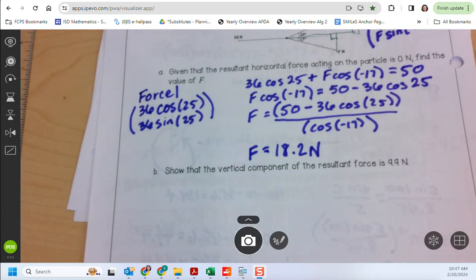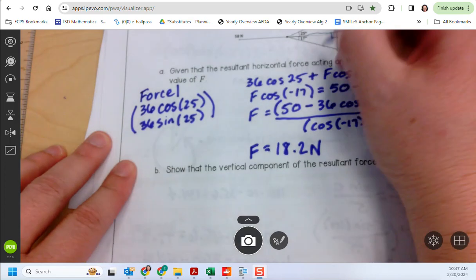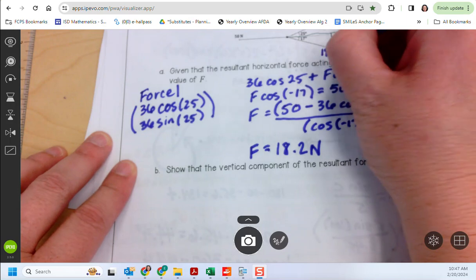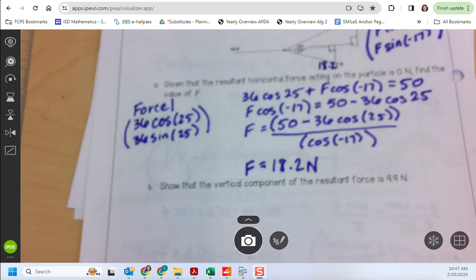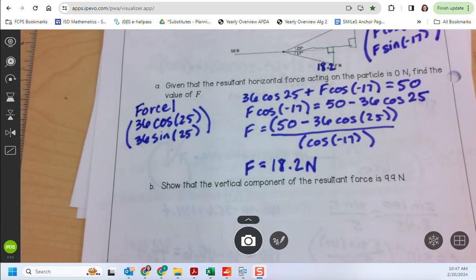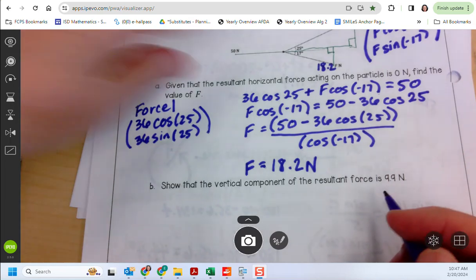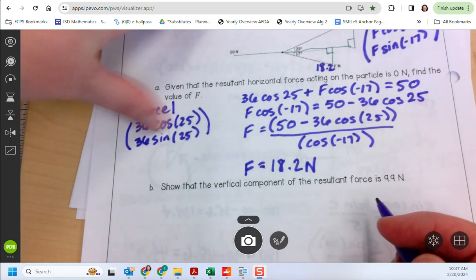All right, show that the vertical component of the resultant force is 9.9. So now we know what F is. We know F is 18.2 newtons. So you can put that in your picture, and then we can use that to find the vertical component of the resultant force. So for this one, it would be 36 sine 25.